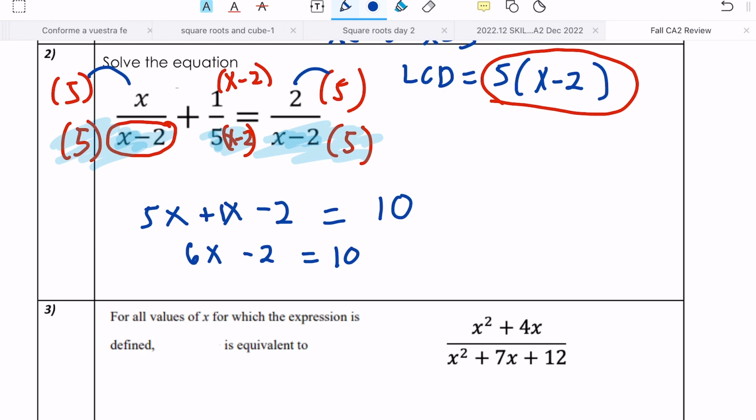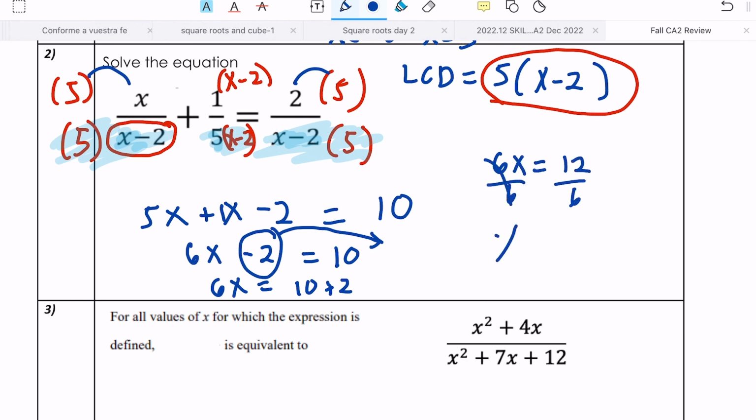And then this can be just solving an equation for x. So we move the negative 2 to the other side of the equation. The negative 2 becomes positive 2. So we got 6x equals 10 plus 2. So 10 plus 2 is 12. We divide by 6, x equals 2.